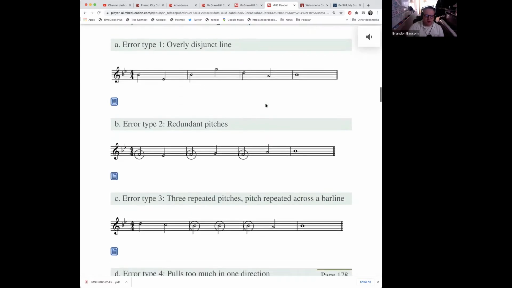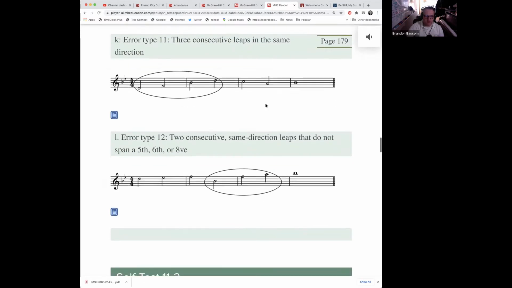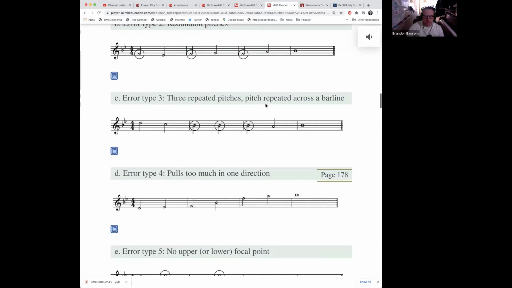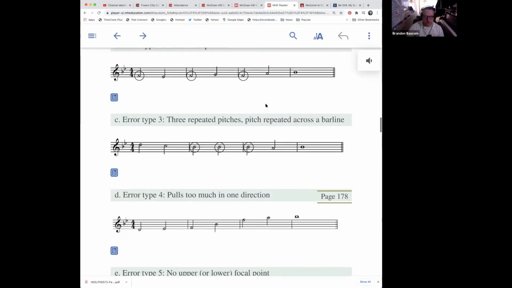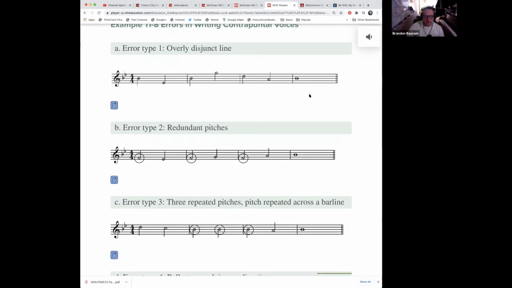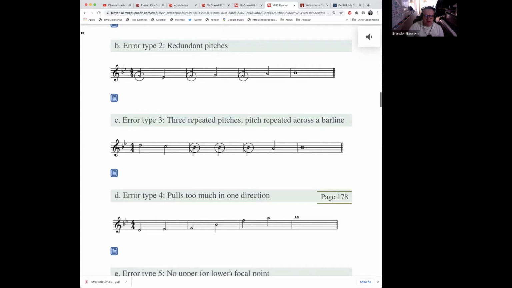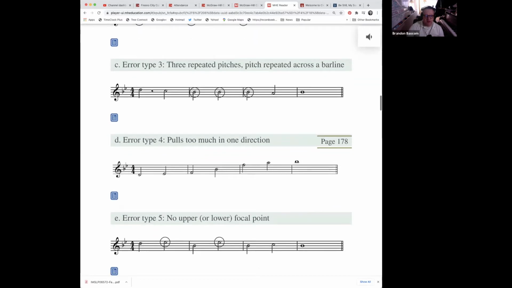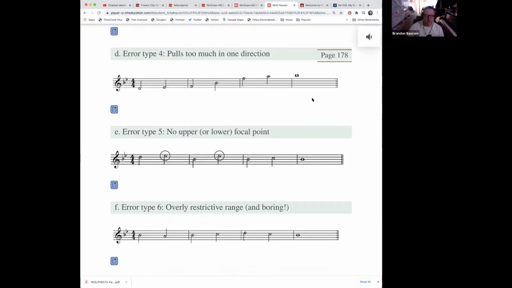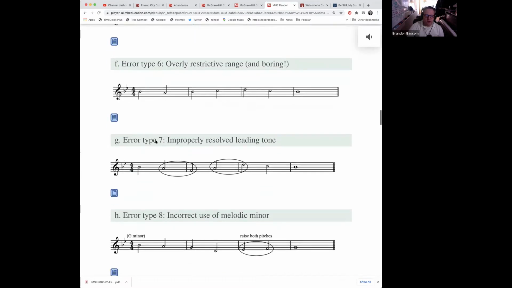Then we went over all the errors. Do you remember this? Some of them are easy. Jumping all over the place. Too many of the same pitches. 3 of the same pitch and across the bar line. Going one way. No focal point. They stayed within the span of a fourth.